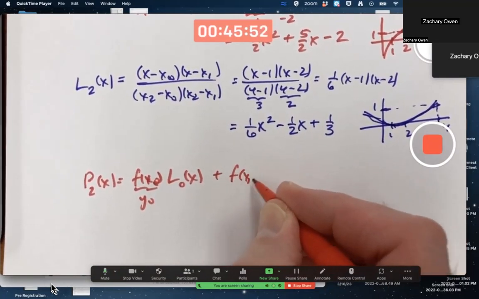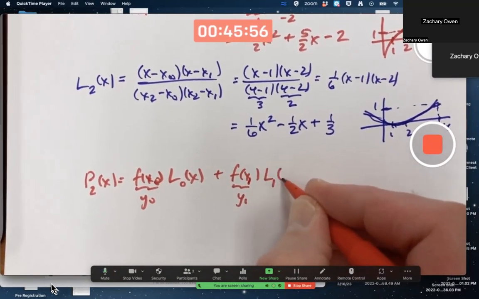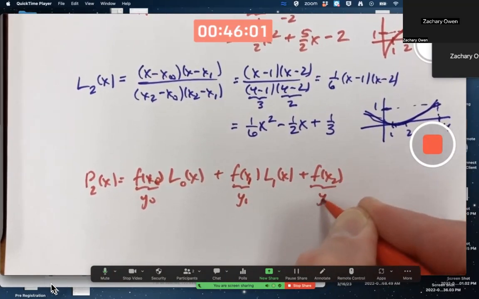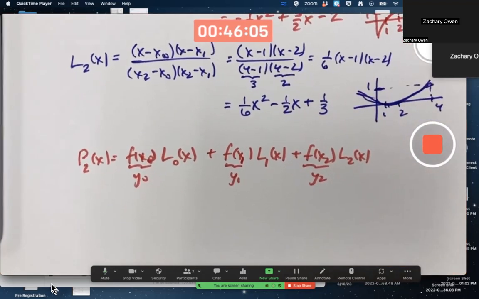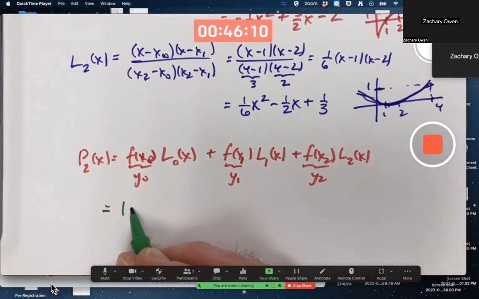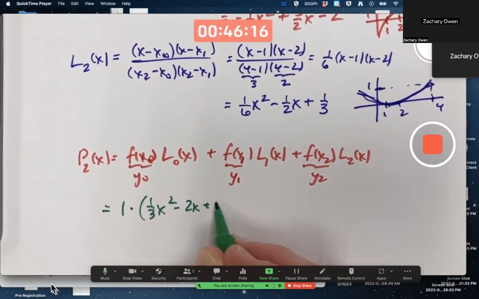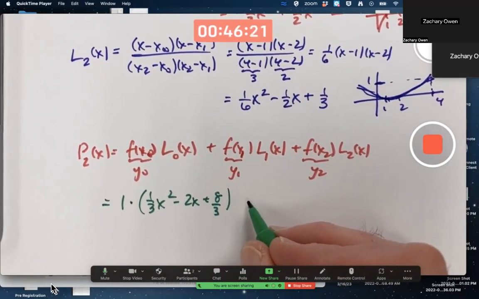Plus f of x1, which is y1, times L1 of x, plus f of x2, which is y2, times L2 of x. This becomes 1 times (1/3 x squared minus 2x plus 8/3). F of x1 was 1/2.